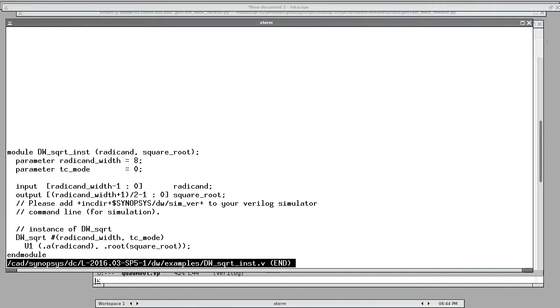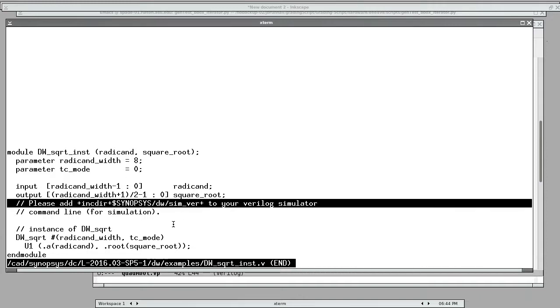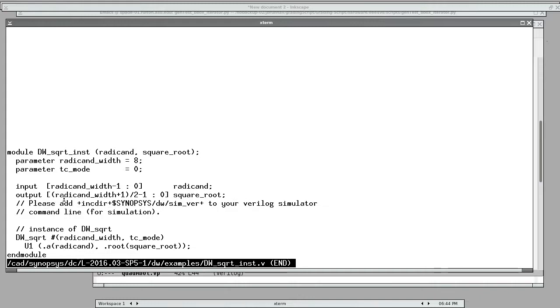Huh. Why would it have a 2's complement mode? So diff should always be positive. There's even a nice note here saying, please add this line to your code. The problem is you wouldn't know to include directory for this directory unless you knew that this directory is where to look. All right.